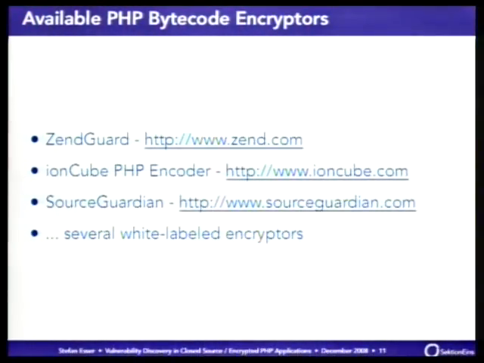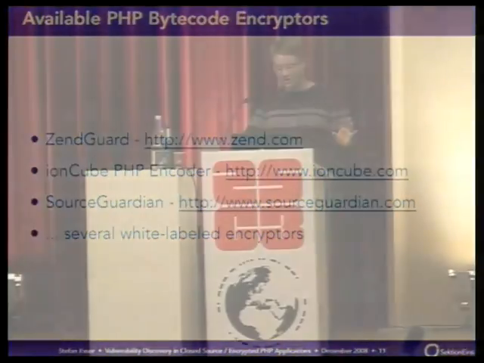So there are some available PHP bytecode encryptors. These are only the three best known. First SendGuard from Zend, then the IonCube PHP Encoder from IonCube, and SourceGuardian from SourceGuardian. There are a lot of different cryptors, and especially the people behind SourceGuardian have a lot of white-labeled cryptors that are all more or less the same, but they sell them to different users at different prices with different names.